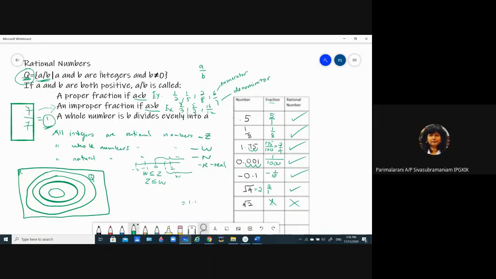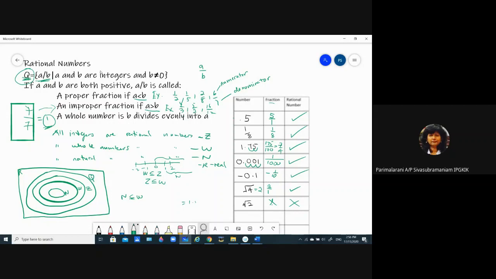So this inside set is for natural numbers. Next to it is whole numbers, and outside there is Z, which means that N is a subset of W. That means N is inside W because N starts from 1, 2, 3 and all that. Whole numbers is bigger, so N is a subset of whole numbers.